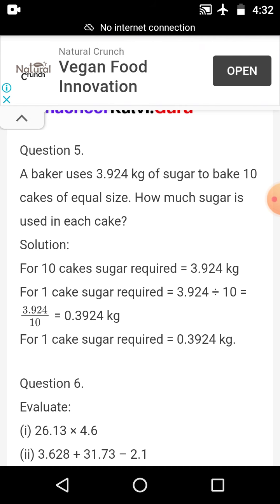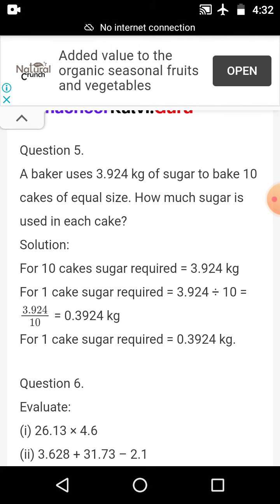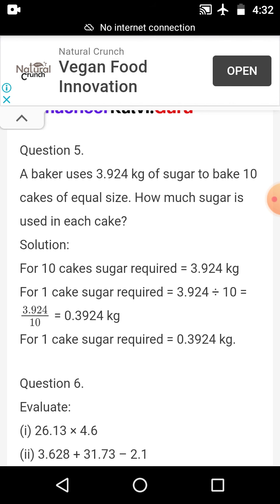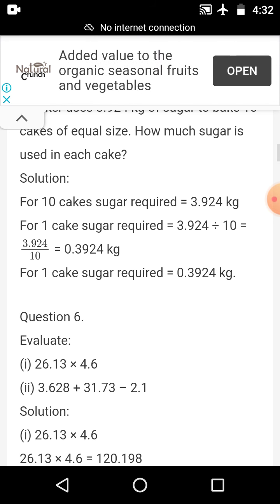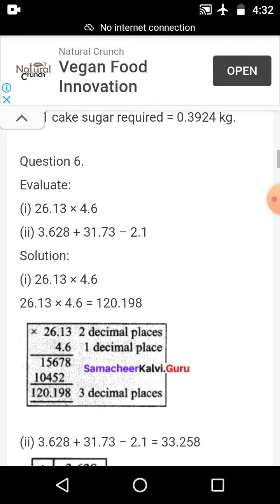How much sugar is used in each cake? So we have to divide by 10. Then you can easily move the point to the left hand side. Then there will be 0.3924 kg. We can do it very easily.